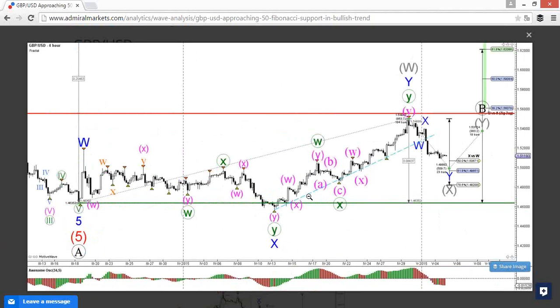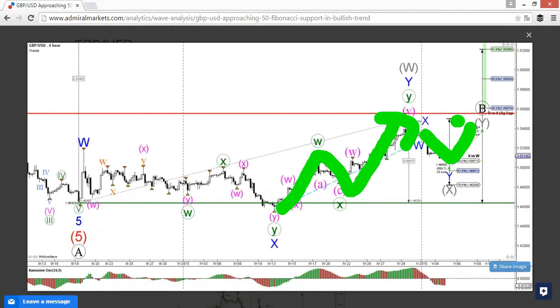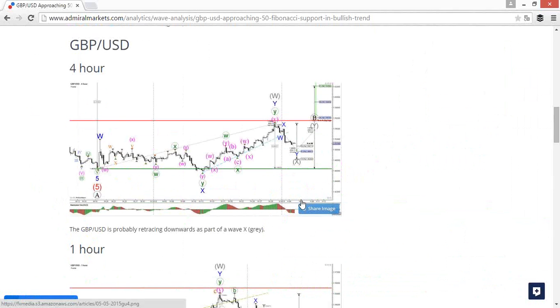And we got the bigger correction like this. Now we could expand that correction still like this with like the euro dollar. So for the moment, I'm expecting that.